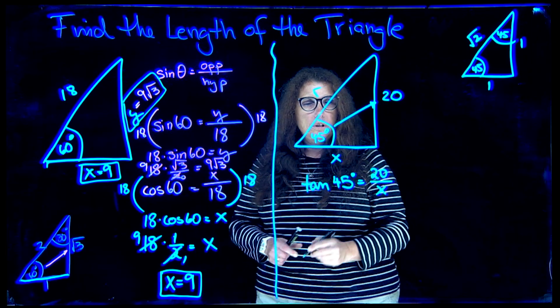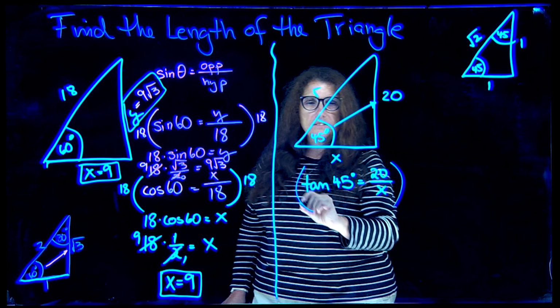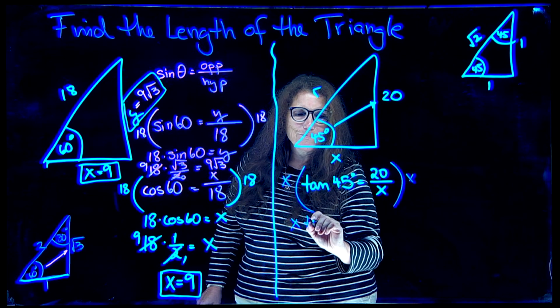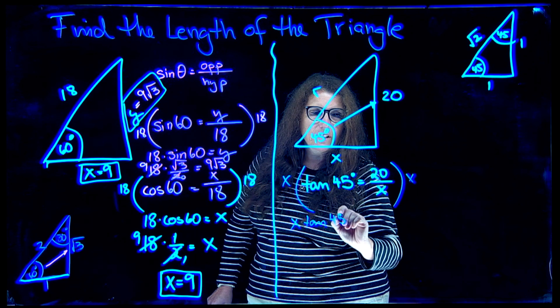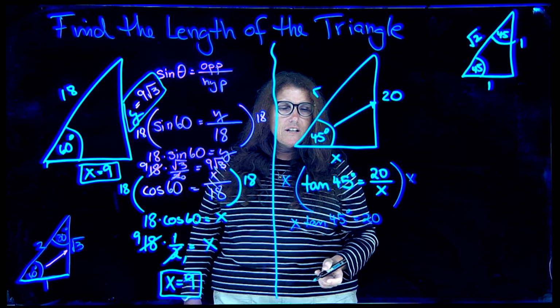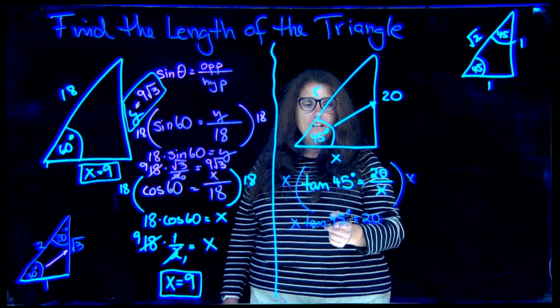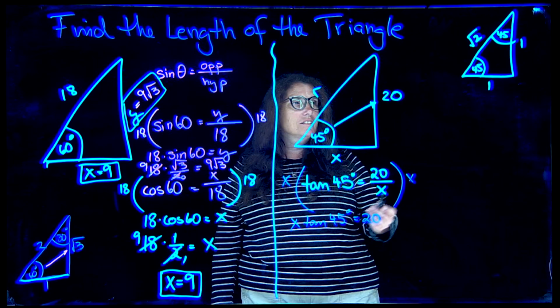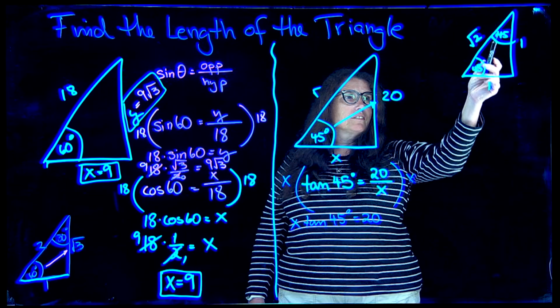Okay, to find x, multiply both sides by x. x times the tangent of 45 degrees is equal to 20. And to get x by itself, we have to divide by the tangent of 45 degrees. So let's take a look at our special angle triangle over here.